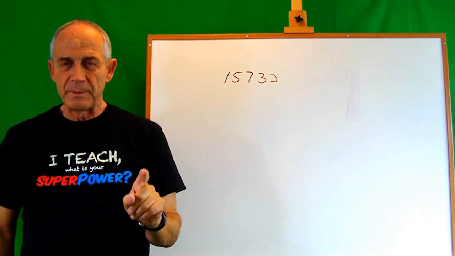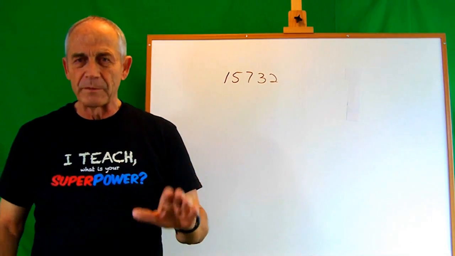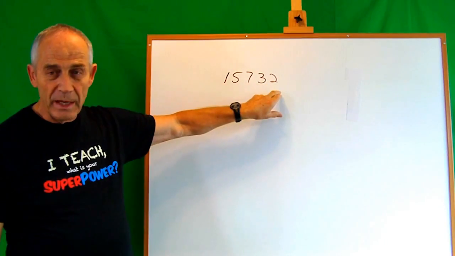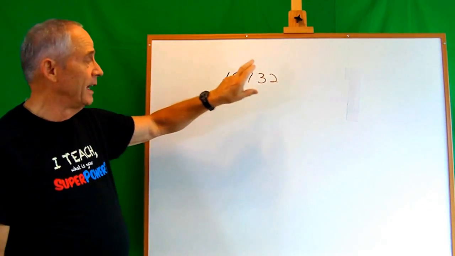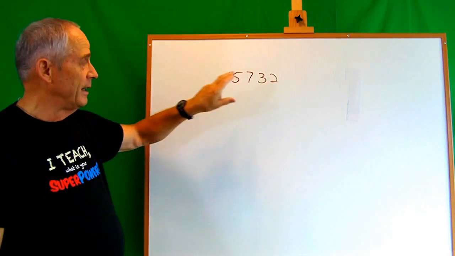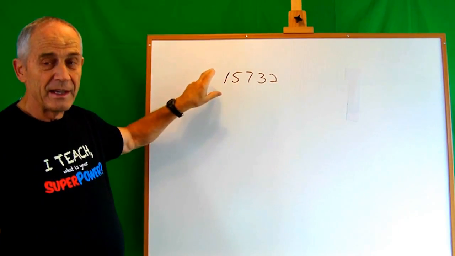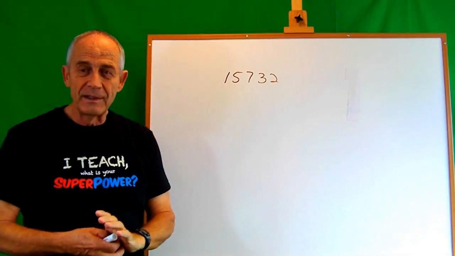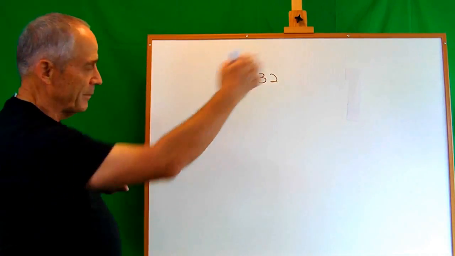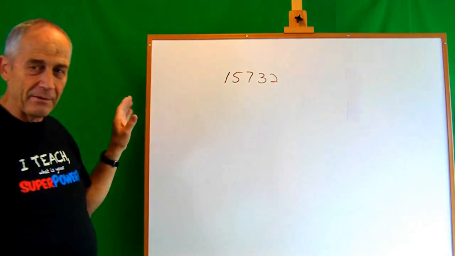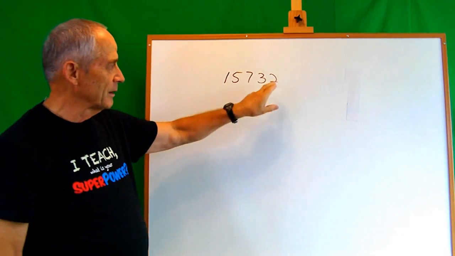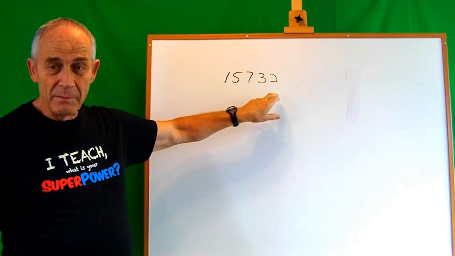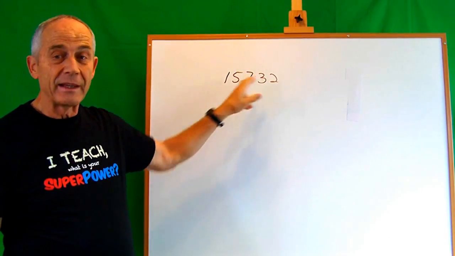Now, let's look for the pattern. We've talked about this before, hopefully you'll remember. This place here is ones, tens, hundreds, thousands, 10,000s. So as we move from the right over here to the left, for each place, if we multiply this place number by 10, we get the next place number.